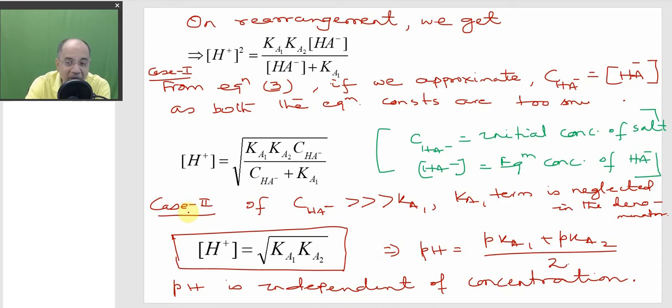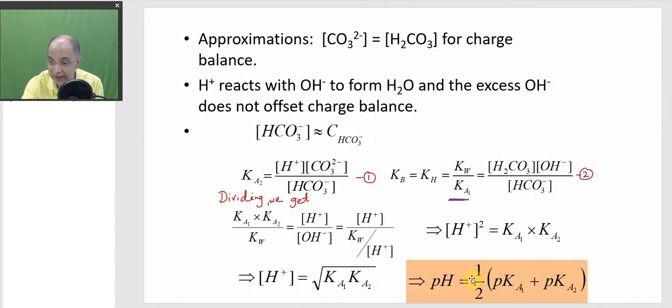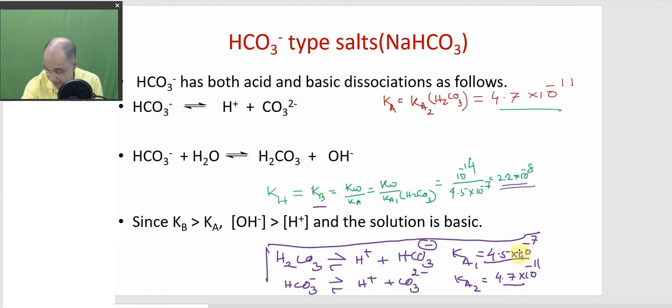And now we make an approximation that the salt concentration will be much greater than K1, which is the case with sodium bicarbonate. Carbonic acid K1 is in the order of 10 to the power minus 7, I think I did show you that. Yes, 10 to the power minus 7.